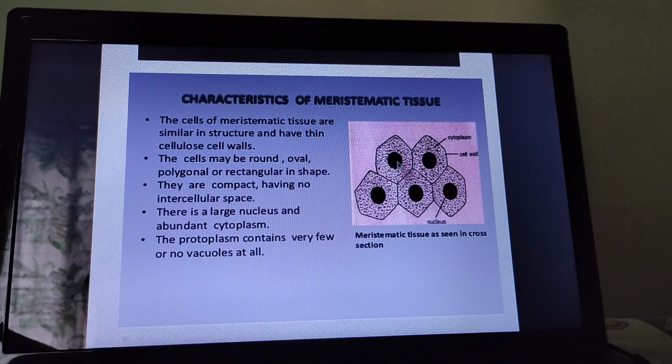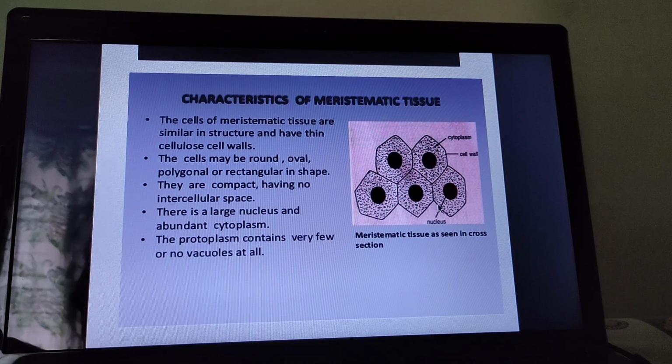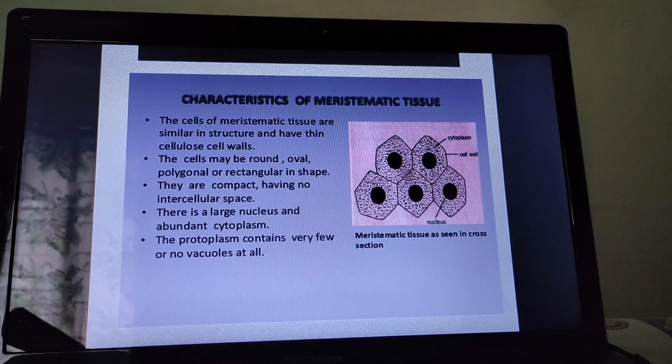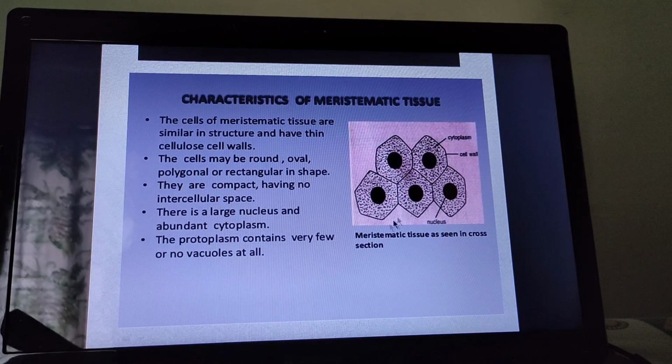Nucleus is very prominent. So there is a large nucleus and abundant cytoplasm. The protoplasm contains very few or no vacuoles at all. If vacuoles present, they are very small in size. So that's all about the characteristic of meristematic tissue.